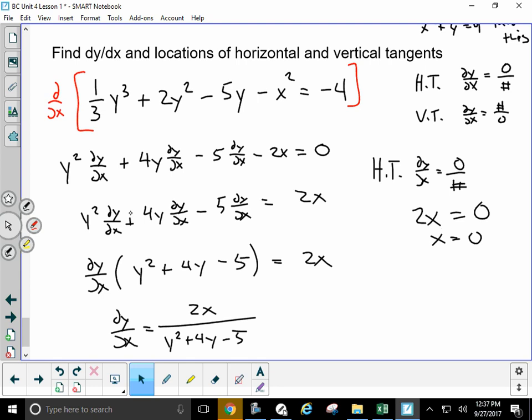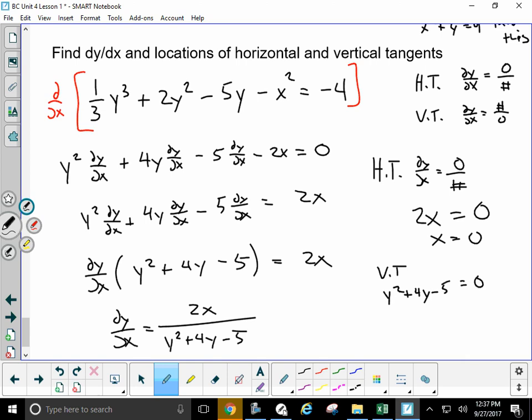Now let's talk about the vertical tangents. That's when we have a number over 0, so I just need to set my denominator equal to 0. And I get 2 y coordinates. Now I can plug those in and actually easily find x squared. It would be a little bit of work to do all the arithmetic, but it is possible. Now what's great is to look at the graph of this.